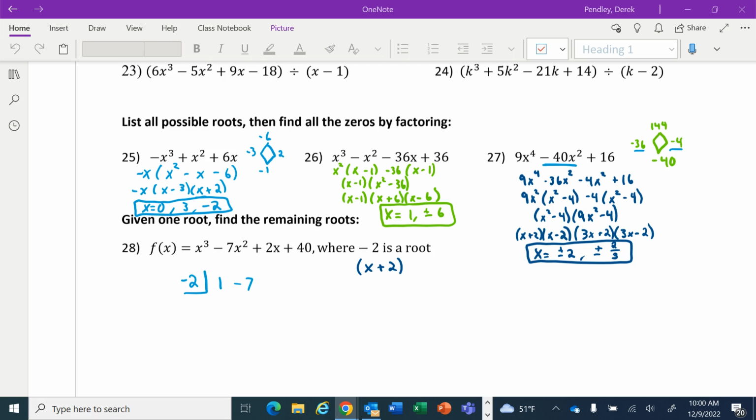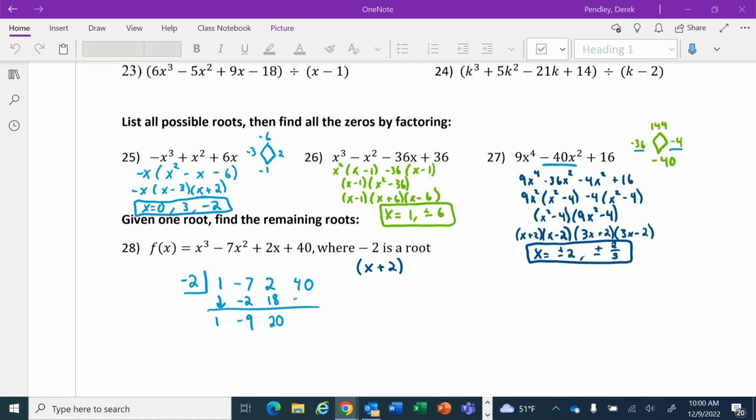Bring down the 1. 1 times negative 2 is negative 2. Negative 2 minus 7 is negative 9. Negative 9 times negative 2 is positive 18. 18 plus 2 is 20. 20 times negative 2, negative 40. 40 minus 40 is 0.